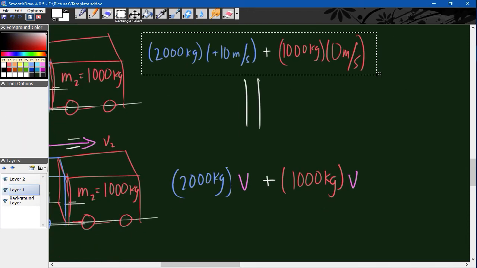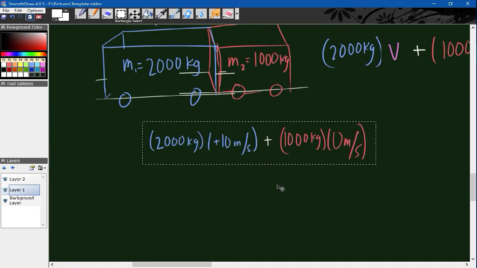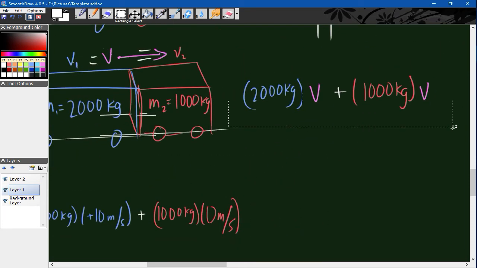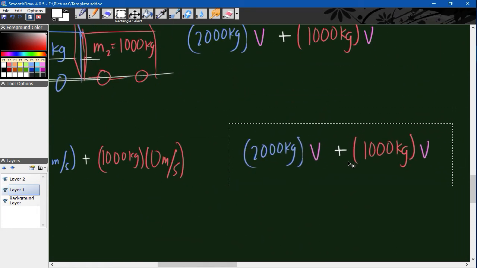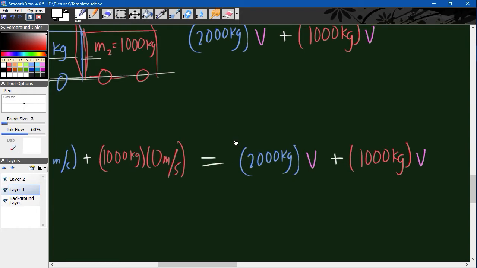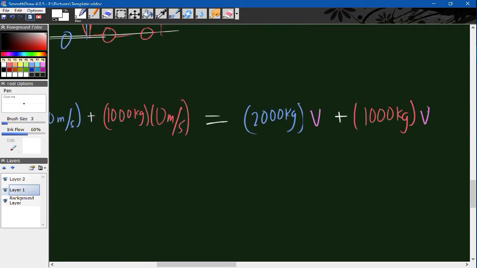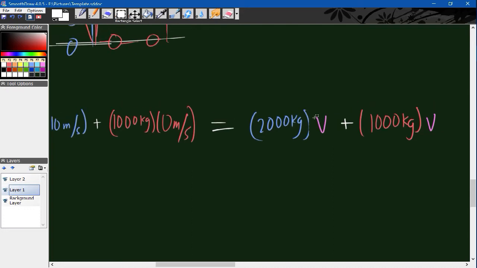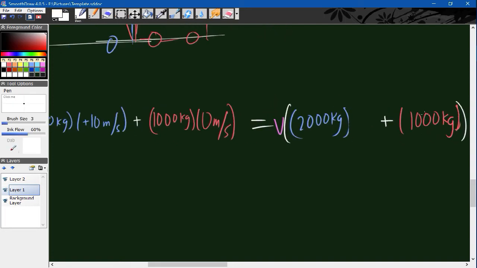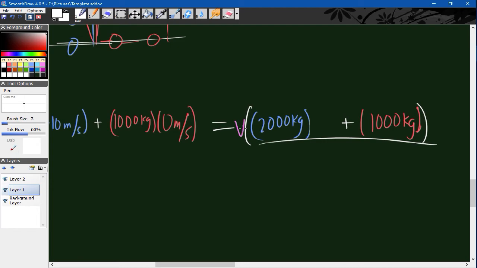Alright, let's start doing some math. I know math is lame, but it's a very important thing in physics. So these should be equal, right? And then we are solving for their common velocity. What we could do here is factor out the v, and then divide both sides by this.